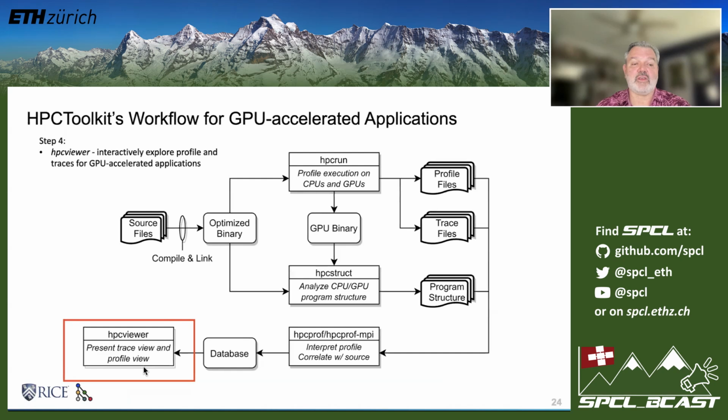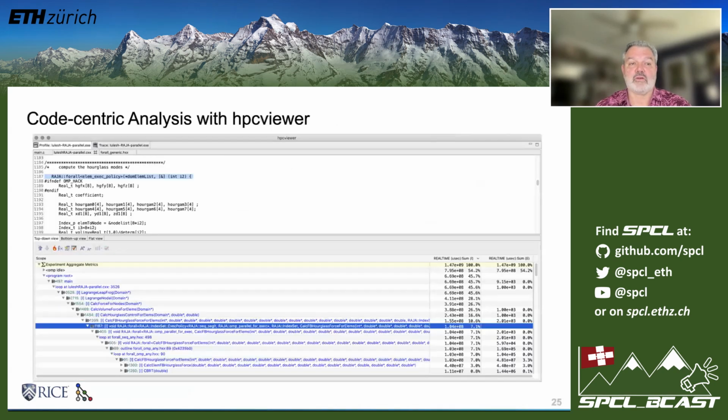And then finally, the HPCViewer user interface presents profile and trace views. This shows the source code interface. It has a source pane, a navigation pane, and a metric pane, with some view controls for looking at top-down, bottom-up, and flat views, and some metric displays.